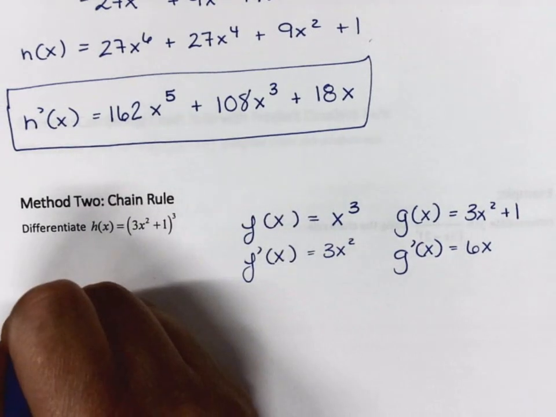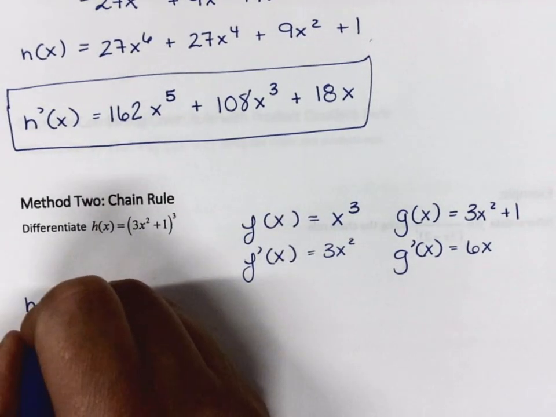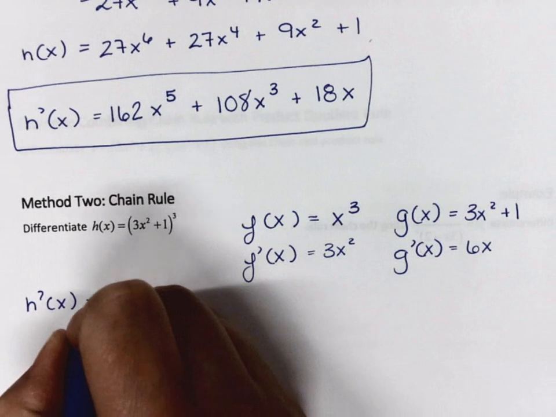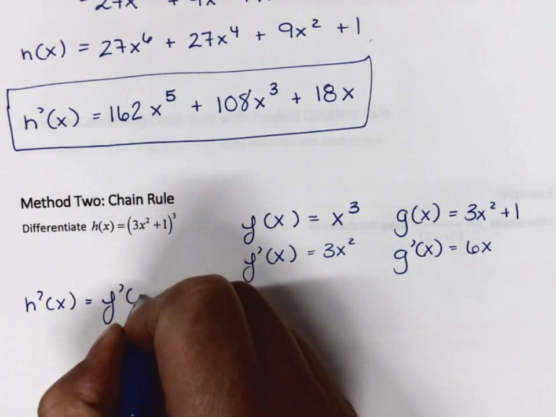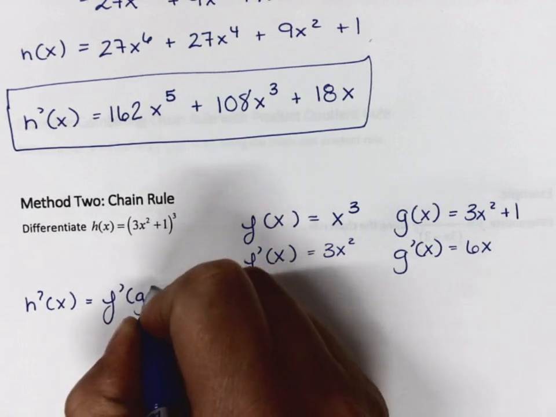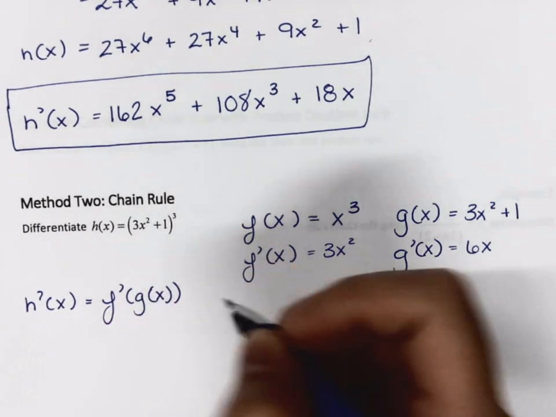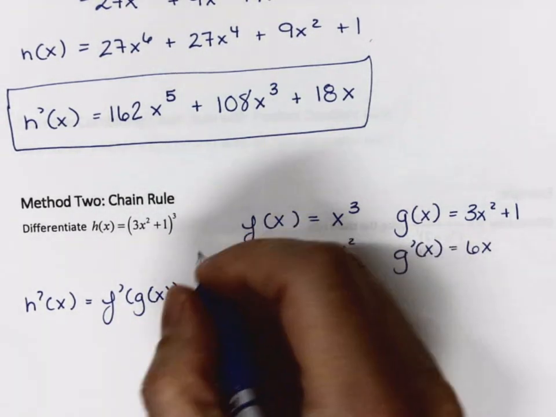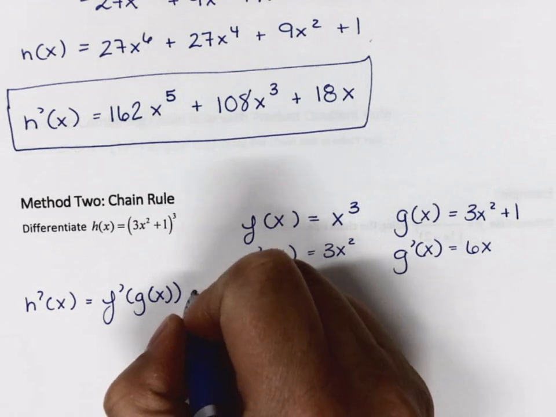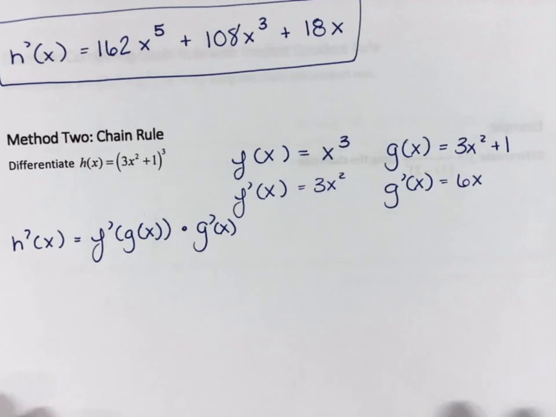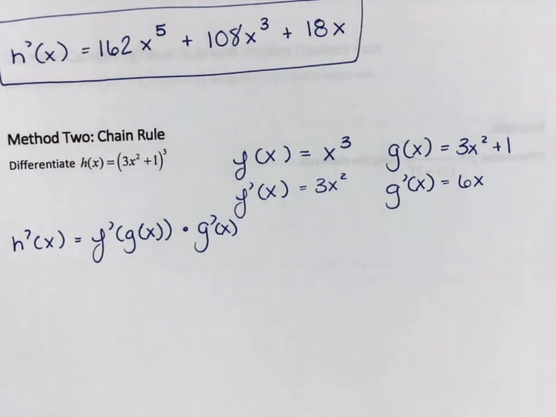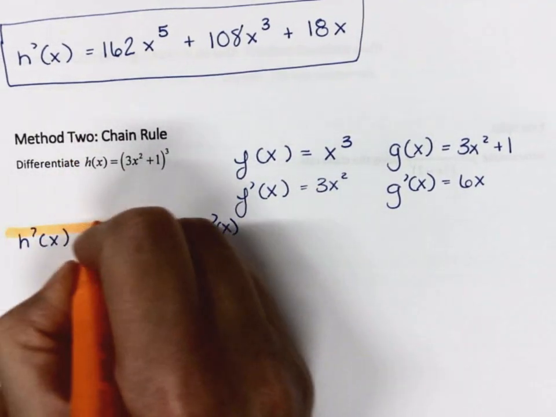All right, so the formula is h prime of x is equal to the derivative of f as a composite function with the original g of x, times the derivative of g of x. So that is the format.